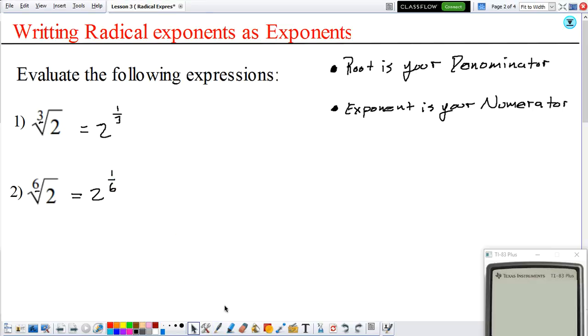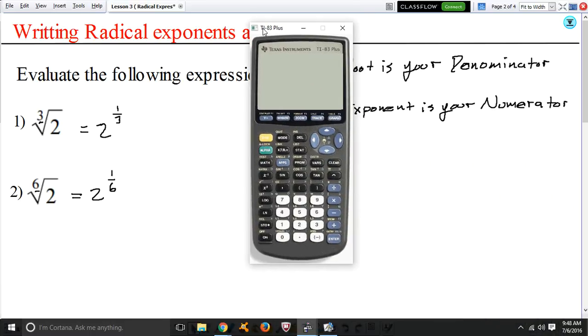Now that we have it in this form, we can use our calculator to find the value of the third root of 2. We're not going to enter it in the root form because there is no third root button on your calculator. So we're just going to evaluate 2 to the 1/3. We have 2, exponent 1/3.